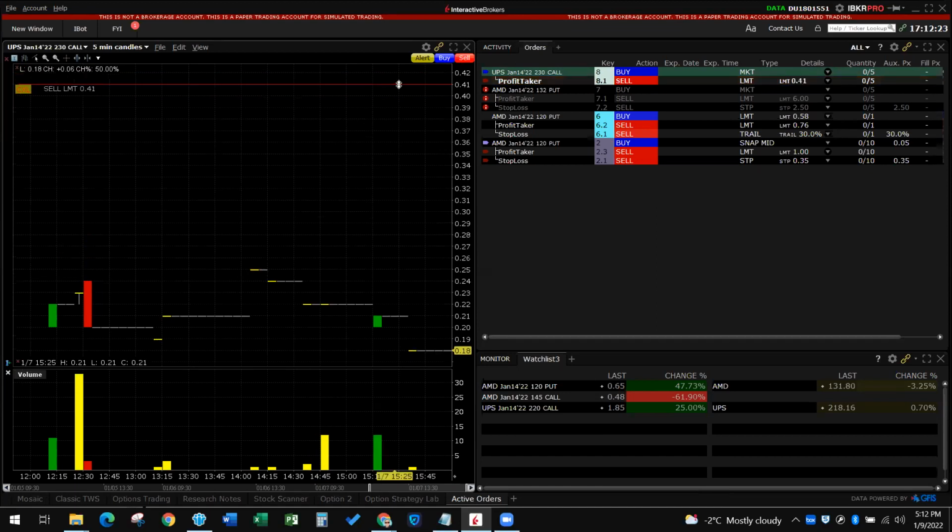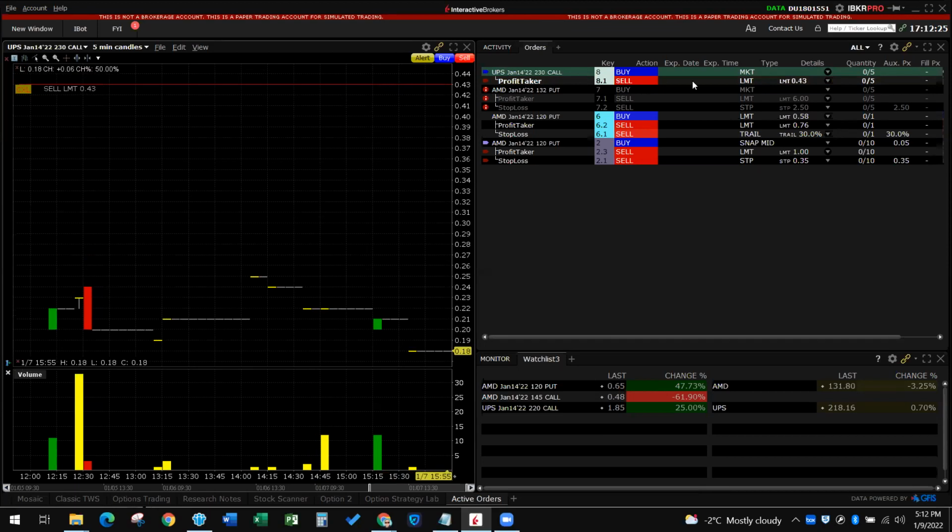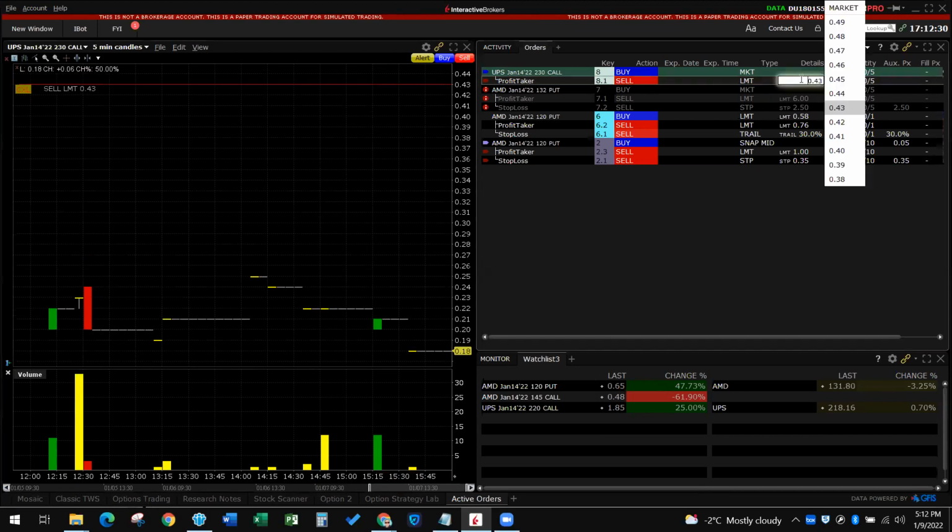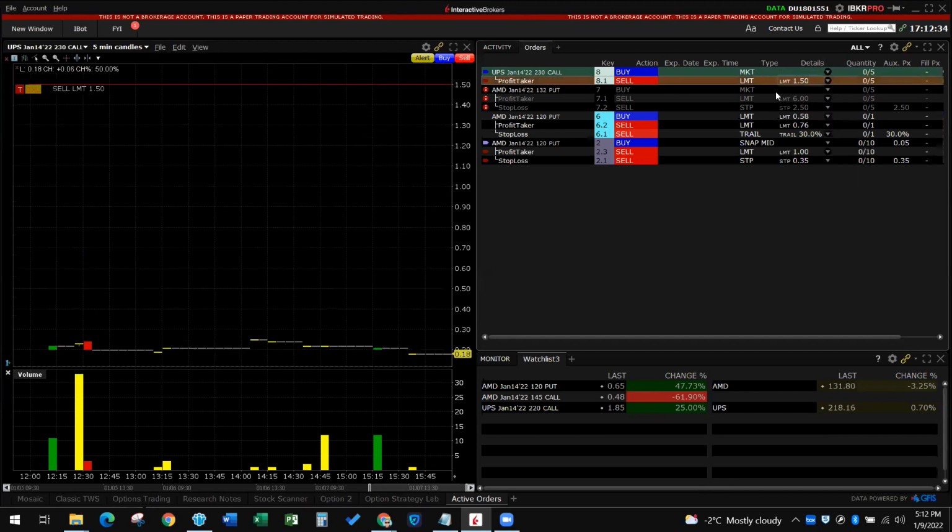You can change it here by dragging the line, or you can change this number here, putting whatever you like. So I'm going to enter my trade in the system, and I put my profit taking order in the system to make sure it is ready.